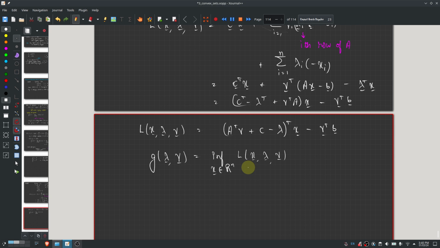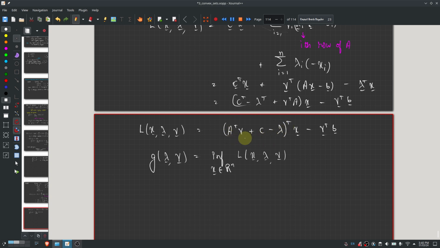Think about it in terms of R2. If this term is non-zero, then the minimum would be minus infinity, because it's a linear function. There's always a direction along which you can go such that it decreases, because the slope is non-zero.